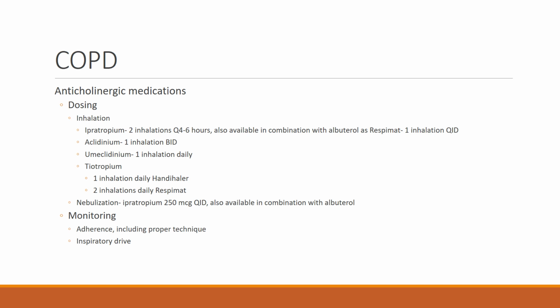Tiotropium, Spiriva, I think was the first long-acting anticholinergic medication available. If it's via the HandiHaler, which is the older device, that's a dry powder in a capsule formulation that the patient puts into the HandiHaler and then inhales. That's 1 inhalation a day.